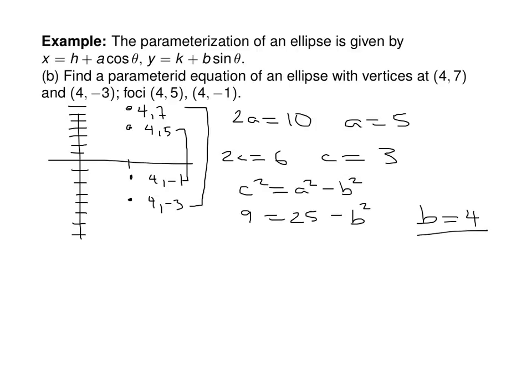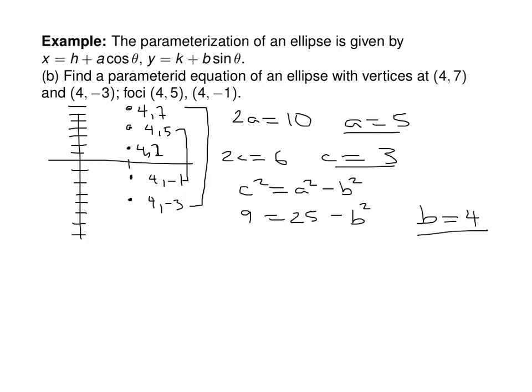So if b is 4, a is 5, c is 3, an equation for this ellipse is, we also have to find the center. So the center there will be 4, halfway between 5 and -1 is going to be 2. So (4, 2) is the center.